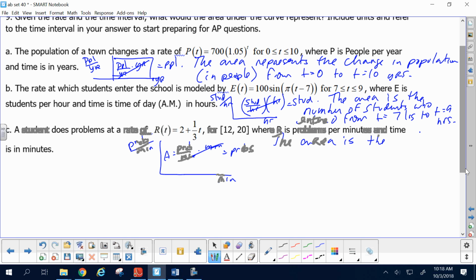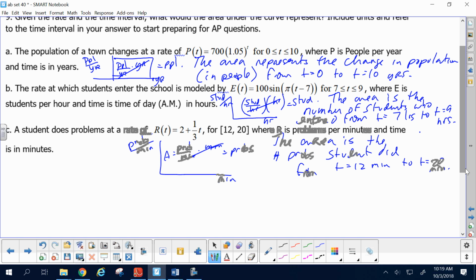So for example, in C, the area is the number of problems the student did from time equal 12 minutes to time equal 20 minutes.